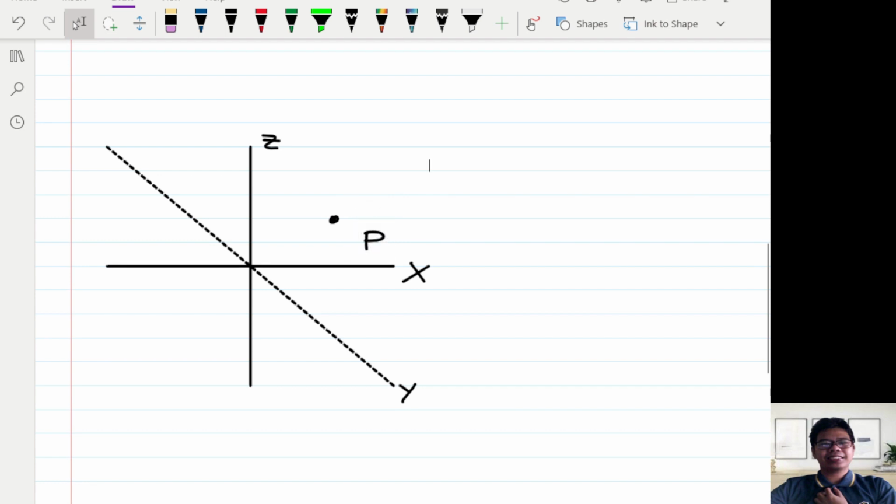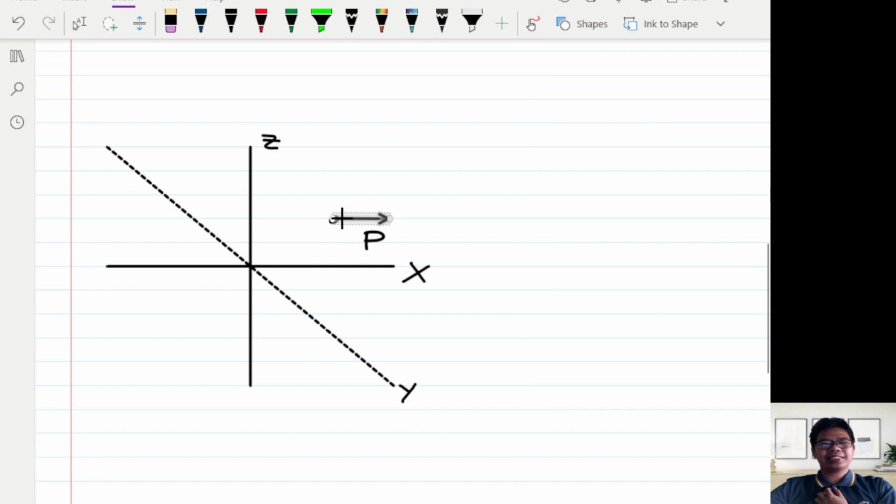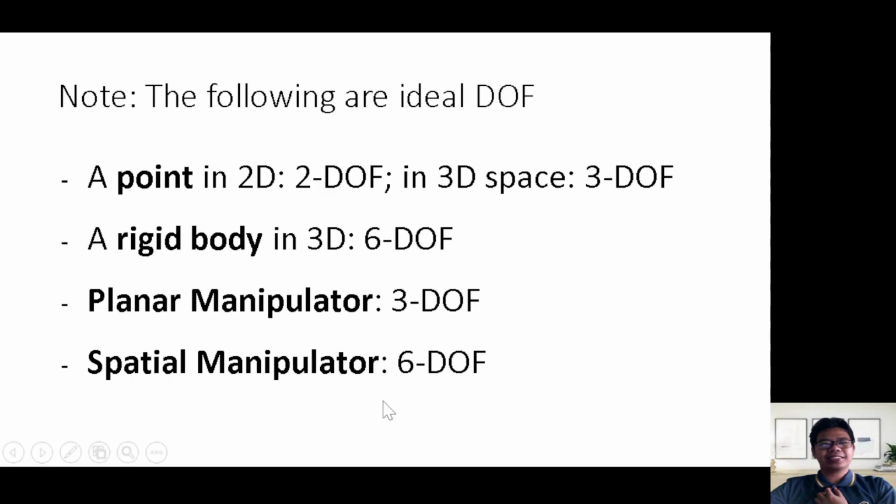Okay, so direction along horizontal for x, direction along vertical, this is z, then y for forward or backward. So we can describe the point in 3D space like this.